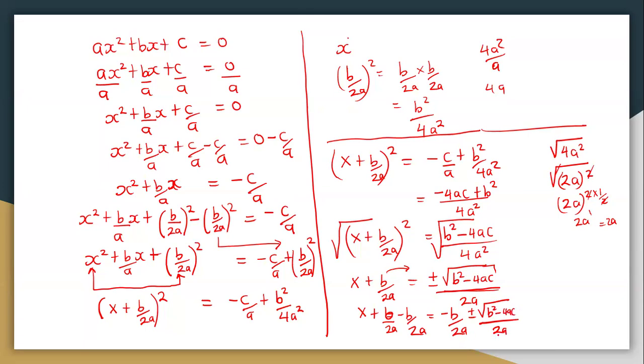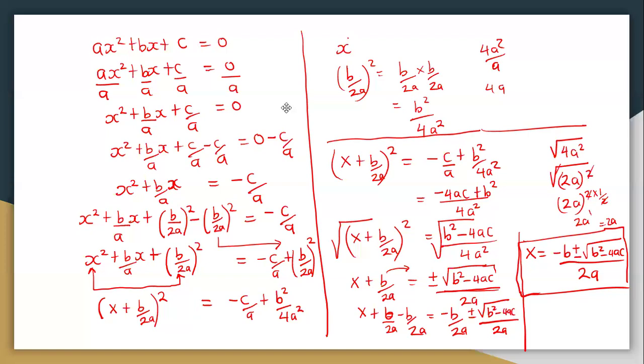But you notice that the 2a and 2a are common factors, the same thing. So I'll remain with x is equal to negative b plus or minus the root of b squared minus 4ac, everything out of 2a. And that is what we call the quadratic formula, or the bulldozer approach. So that is how that formula was derived.